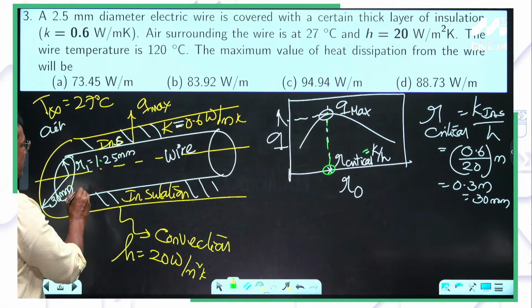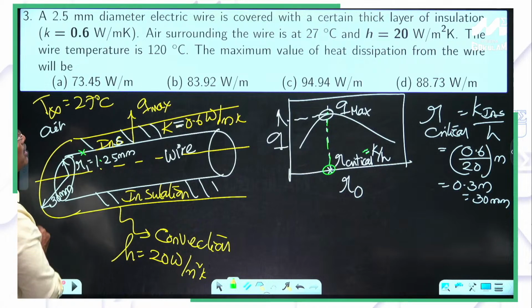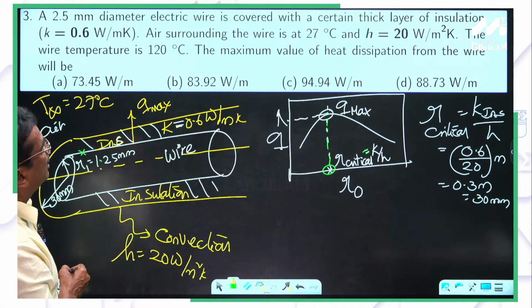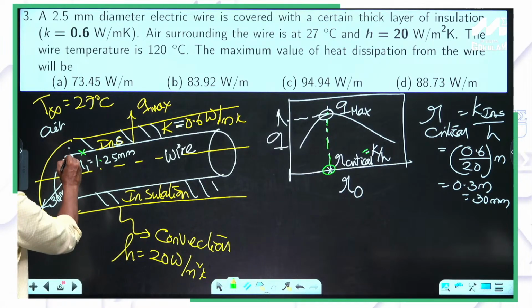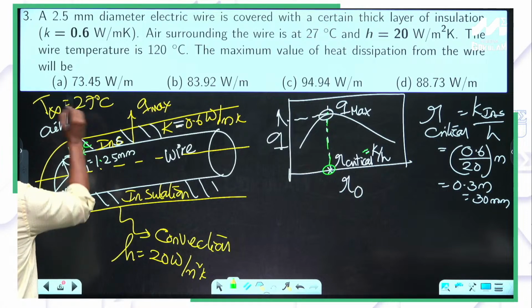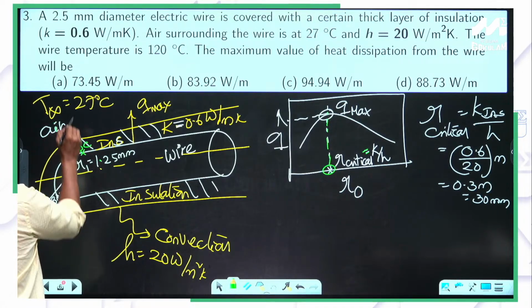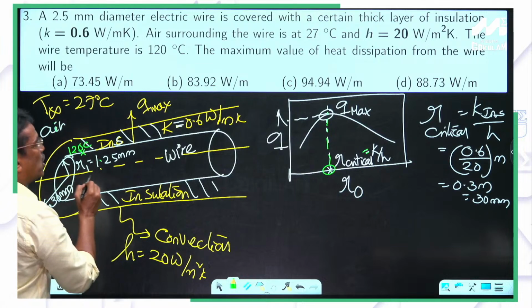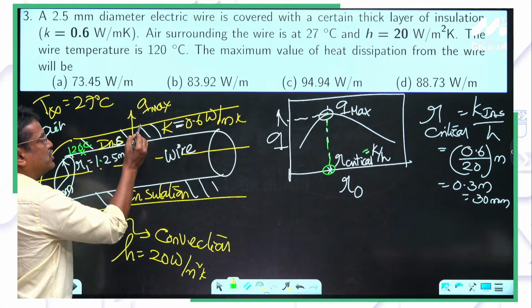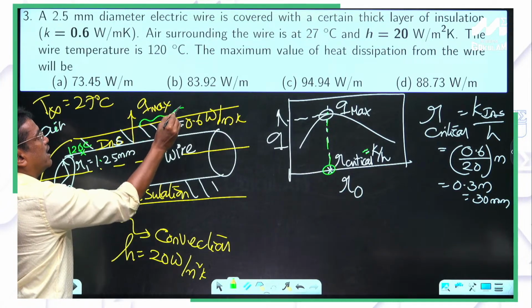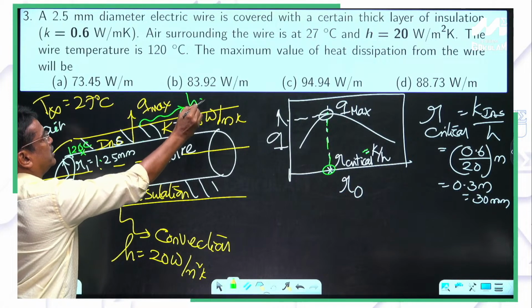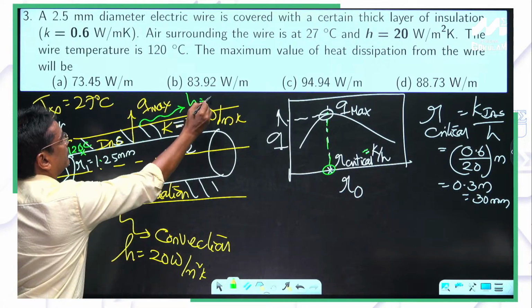Now, what is the surface temperature of the wire? 120. Air temperature is 27. Between the wire and the air, how many resistances are there? One is conduction resistance followed by convection resistance. H value has been given as 20.